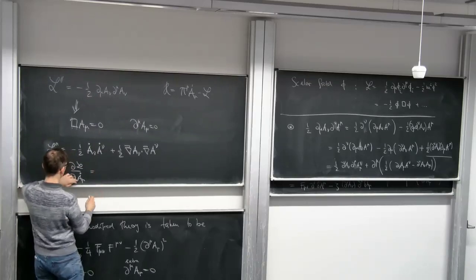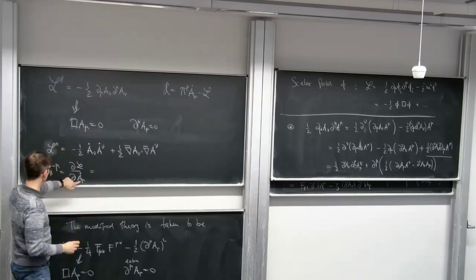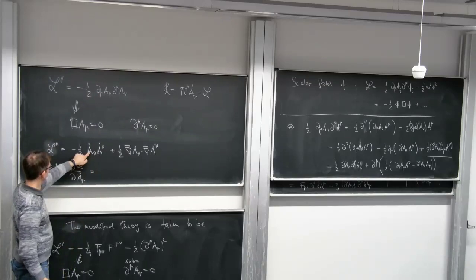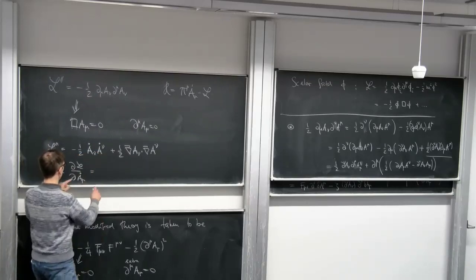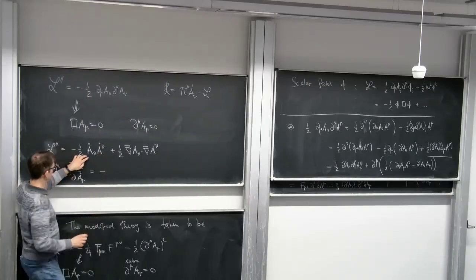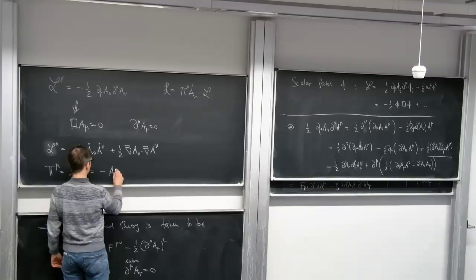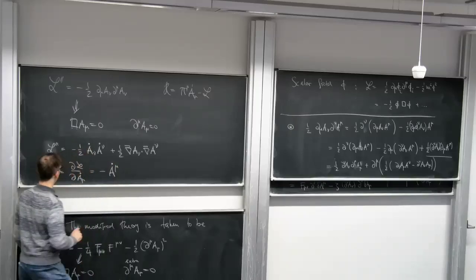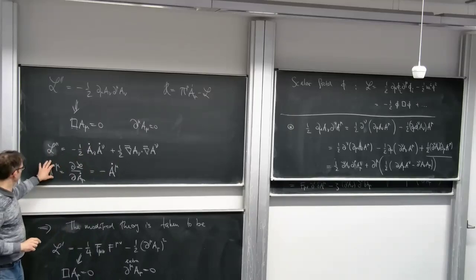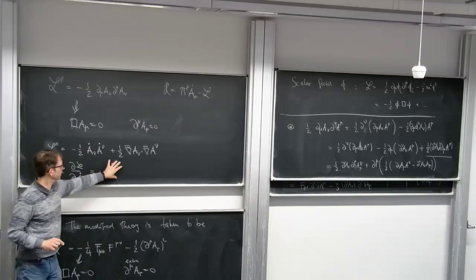It's minus, so up and down. If this is down, I'm differentiating with respect to this field with the lower index, so the upper remains, and then I have a minus sign, and then I have the other one, switching, A mu dot. Oh, how wonderful! The pi is the velocity.